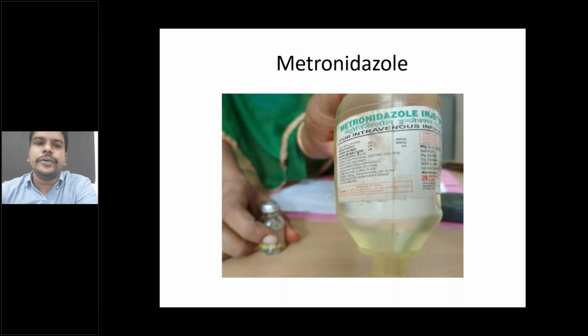Then coming to the second injection, metronidazole. What are the uses of metronidazole?